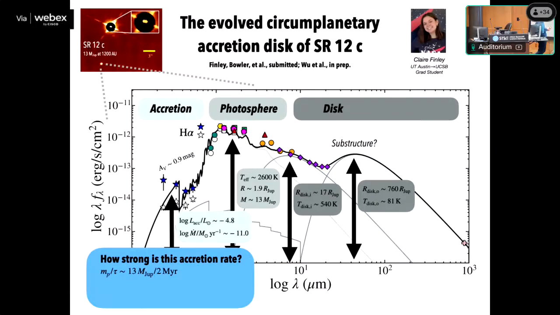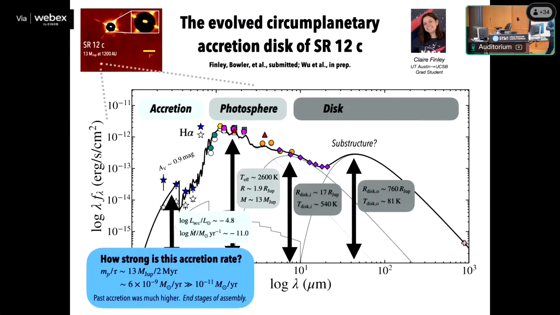If it formed from a core accretion-like scenario where most of the gas fell onto the planet, then we could at least get an average assessment of the accretion rate. The result is something like 10 to the -9 solar masses per year, which is much greater than 10 to the -11. So if it formed like a planet, which it may not have, the past accretion rate would have been much higher.